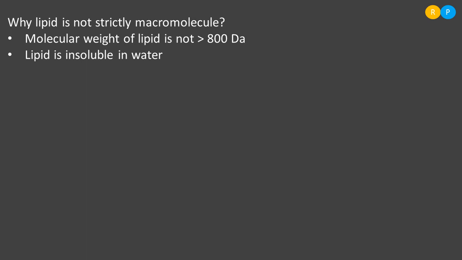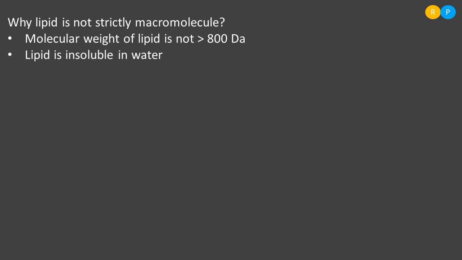Lipid is insoluble in water. Understood? Because it is insoluble in water, it is not present in the acid soluble pool. If it were soluble in water, it could get separated with the other micromolecules.